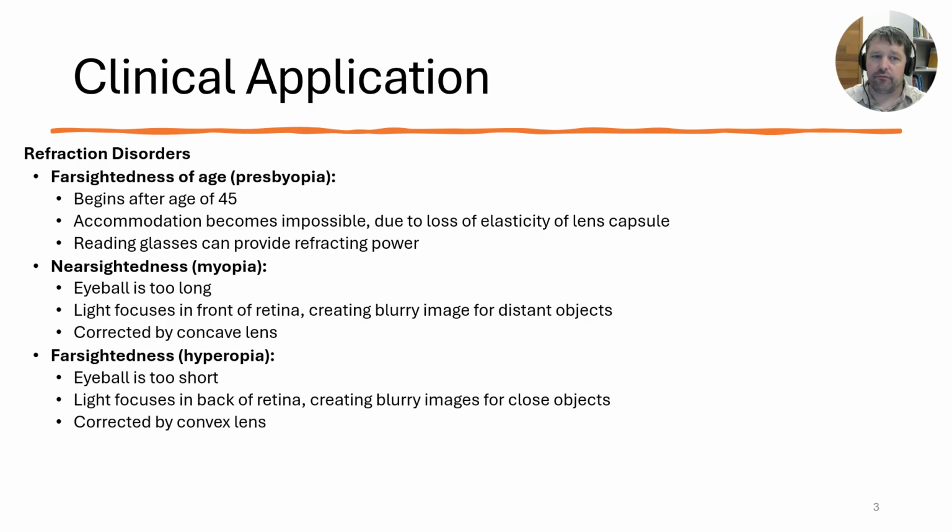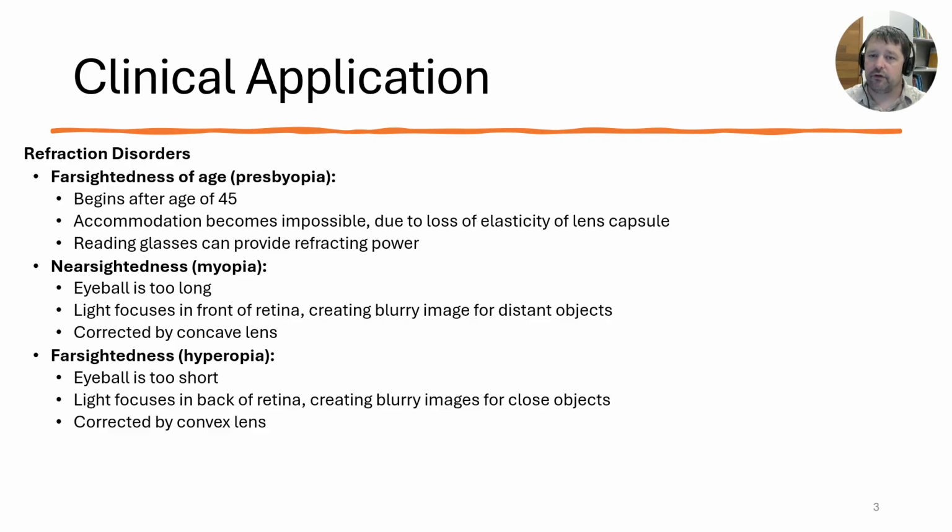And then farsightedness, or hyperopia, means the eyeball is actually too short. Presbyopia is typically genetically influenced, but there's some genetics involved here, and it's also due to elasticity and overuse. Some individuals never experience this.